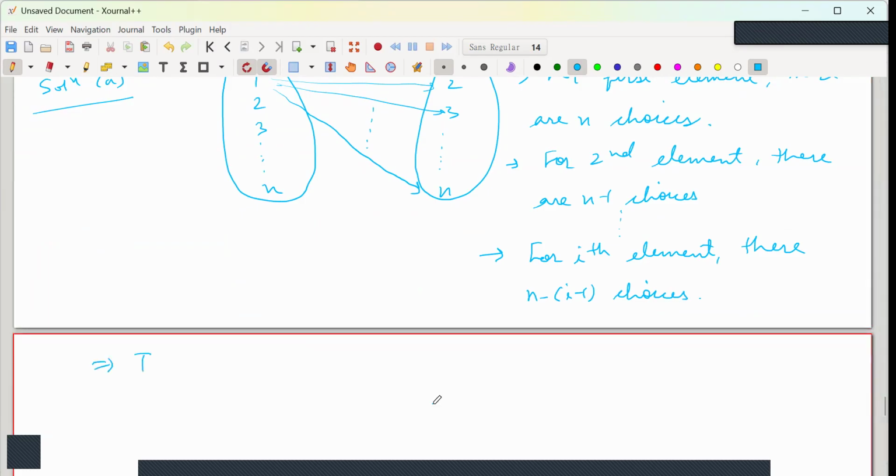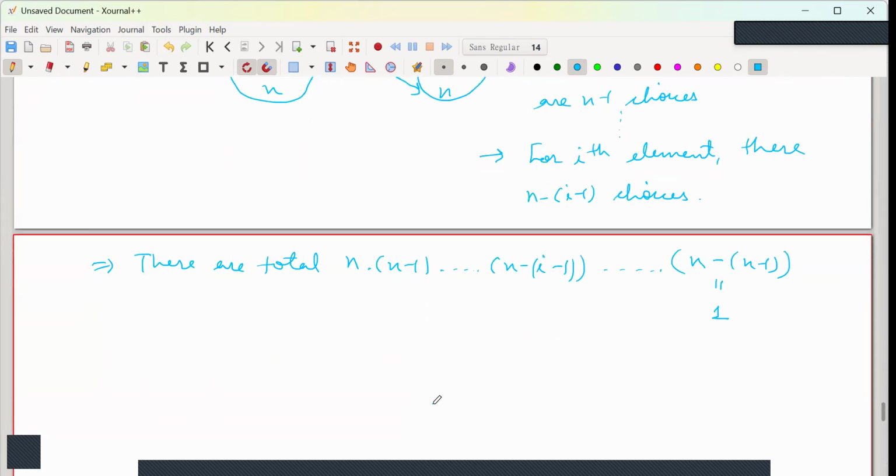This implies there are in total n times n minus 1 and so on down to 1.